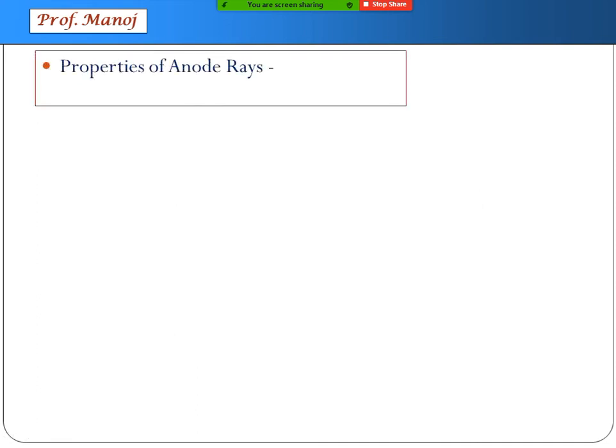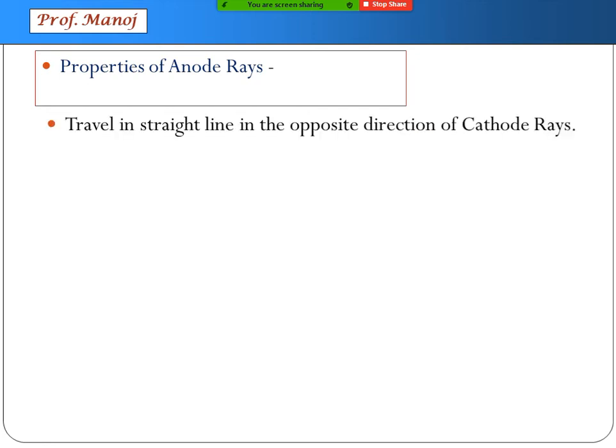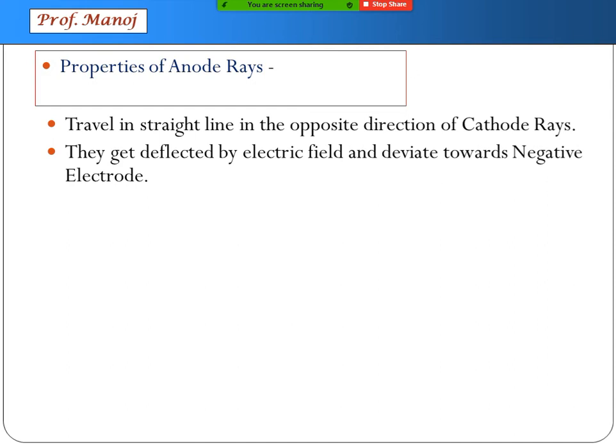Properties of anode rays are quite similar to cathode rays, but they differ in a few points. First, they also travel in a straight line, but in a direction opposite to that of cathode rays. They also get deflected by an electric field, but they get deviated towards the negative electrode.